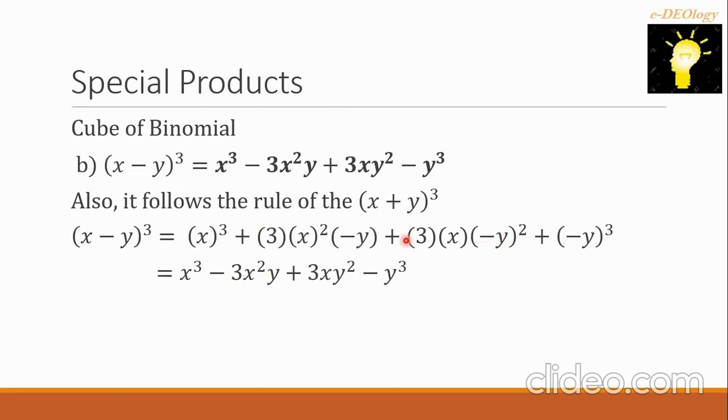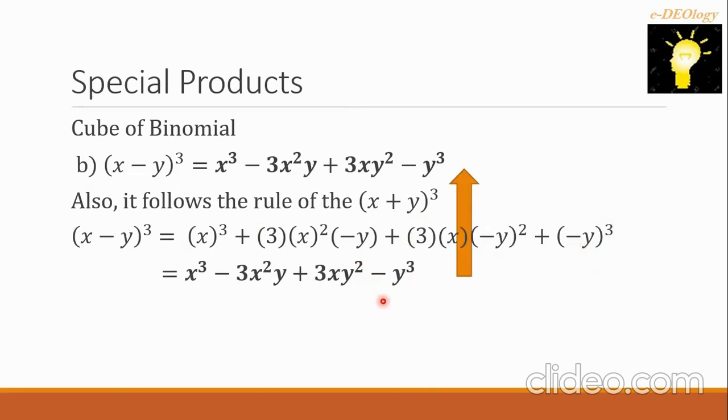It becomes positive. That's why the third term becomes plus 3xy squared. The negative y all raised to 3, so the negative sign is raised to an odd number. It means the negative sign will stay. So this is negative y cubed.